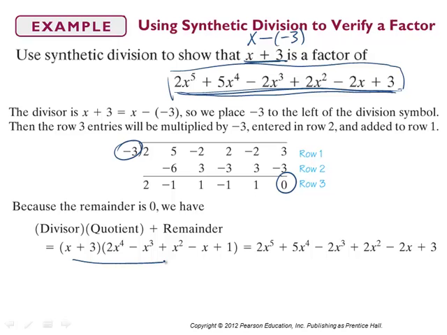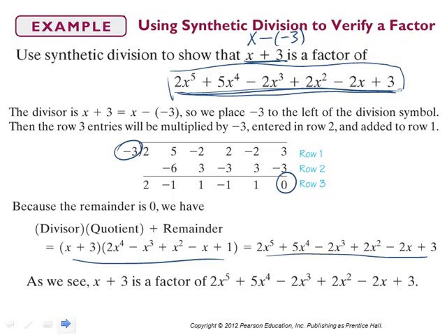And you can verify your work by multiplying the quotient times the divisor and verify that you get the original dividend. By the way, the remainder was 0. Okay? So we verified that x plus 3 was a factor of that larger polynomial.